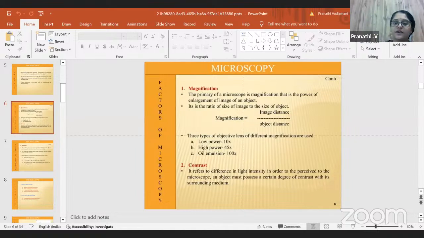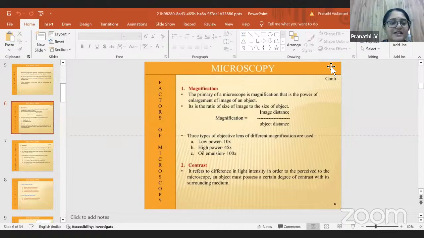There are three types of lenses. Usually low power, in the basic compound microscope, is 10 times magnification. High power is 45 times, and you use oil. Cedarwood oil is used basically, so it is going to be 100 times magnification of the image. So if the image is 1 mm, you're going to see it as 100 mm, or 10 centimeters. For example, I'm telling you, please do not take it to the T.